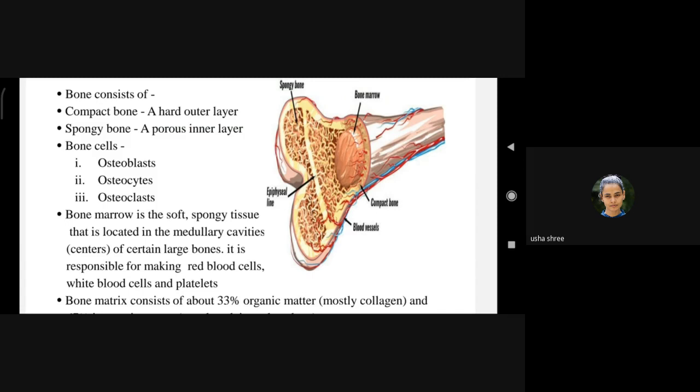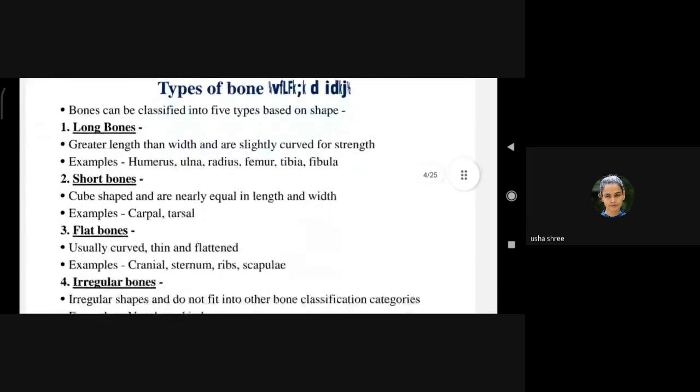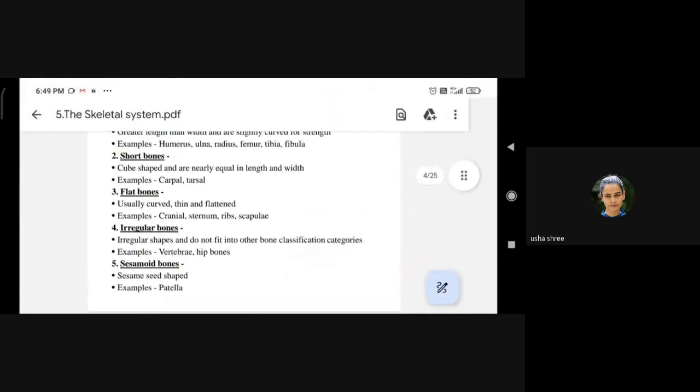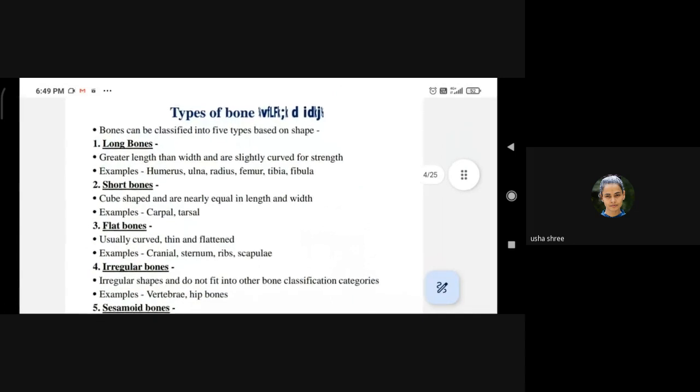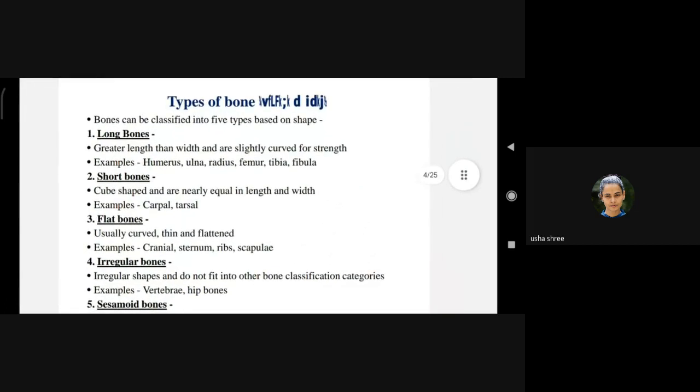Okay, ma'am. So next we will go for the types. There are mainly 5 types of bones. First, long bones. Long bones are greater in length than width and are slightly curved for strength.